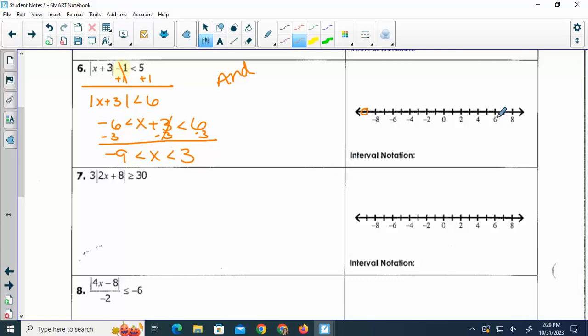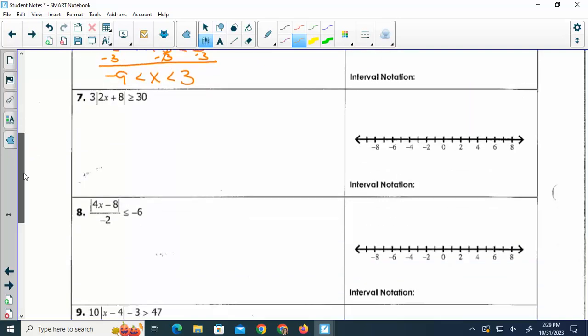Open circle at -9. Open circle at positive 3. Looking in between them. Is that one okay?